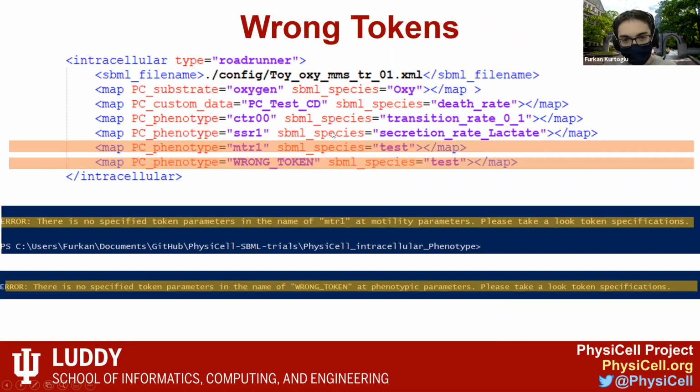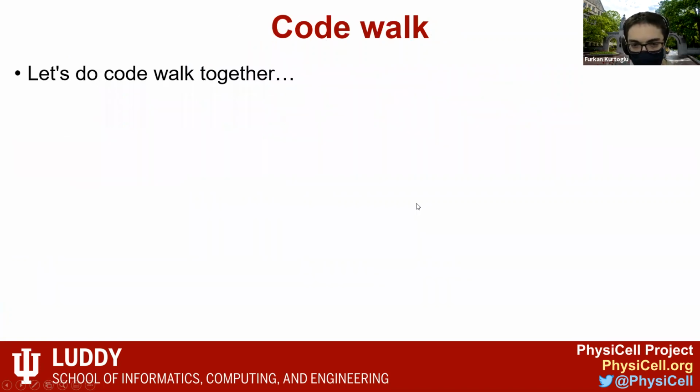Okay, what if the user used the wrong token? Again, it looks for the name that is specified, and there is no MTR in the phenotypic tokens, so it looks for motility because it starts with M, and then it shows an error and stops the simulation because there is no such token. A wrong token is given in here, and it looks like this.